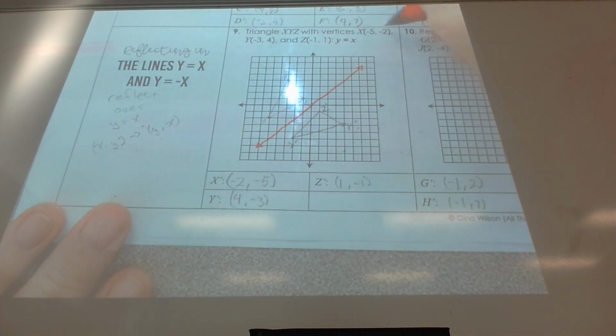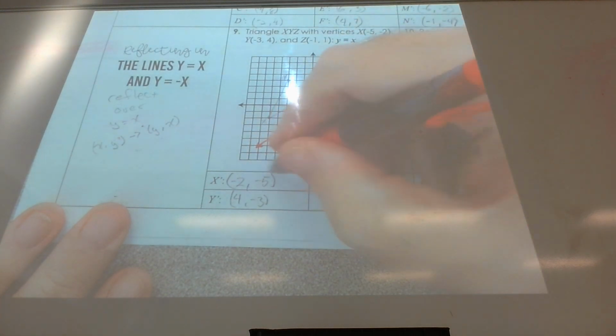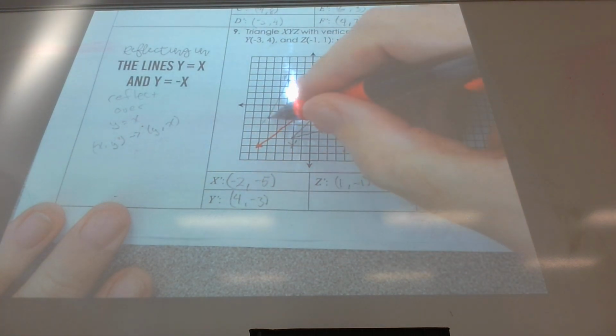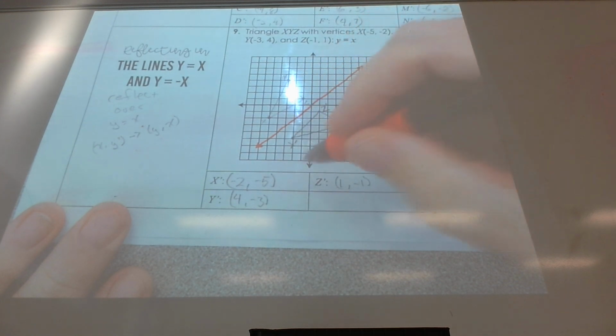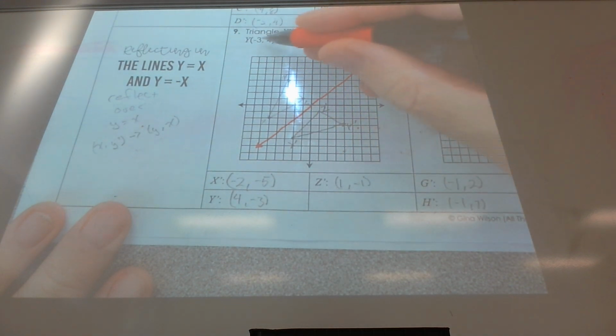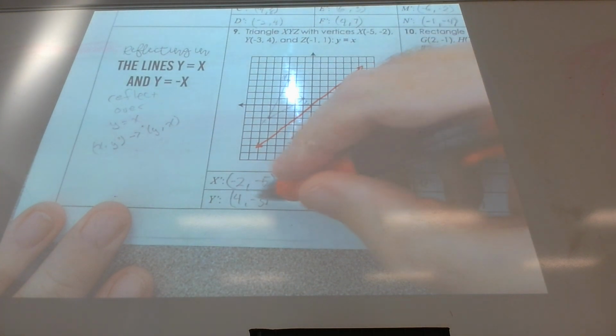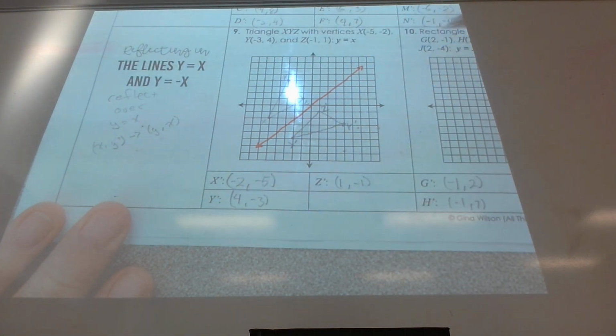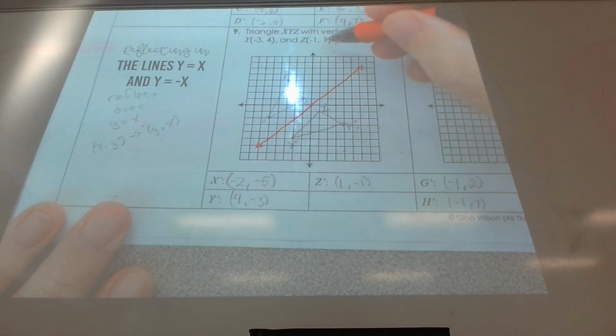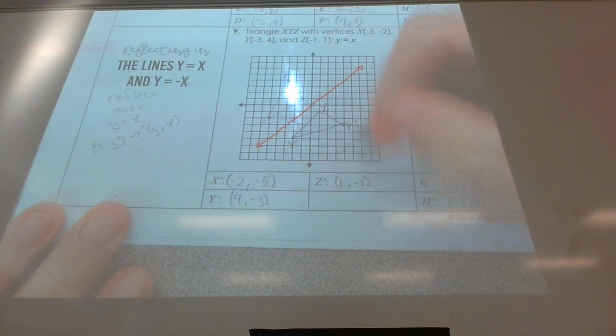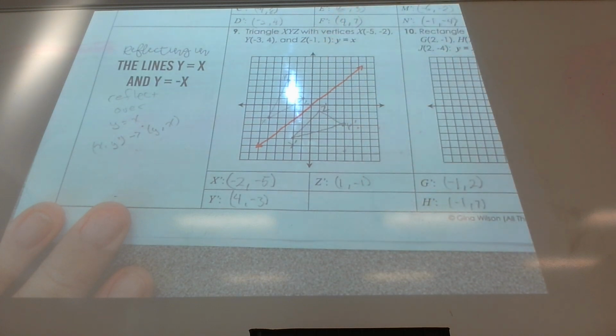So negative 5, negative 2 becomes negative 2, negative 5. So it goes from there to there. Negative 3, 4 becomes 4, negative 3. Negative 1, 1 becomes 1, negative 1. We just switch the order of the points.